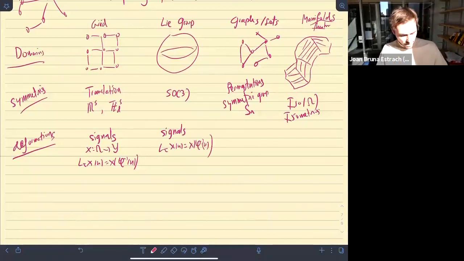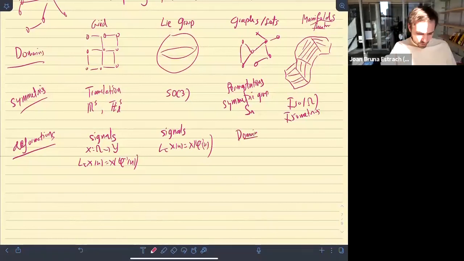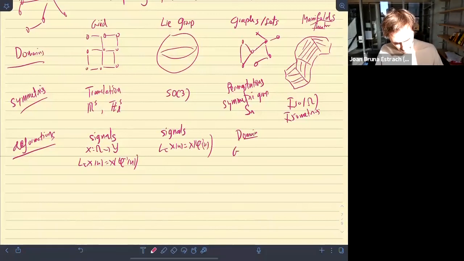Here in this domain, we can actually deform the domain itself. So in that sense, we can take a graph G, and there's something that we can associate with G that is a kind of distortion.